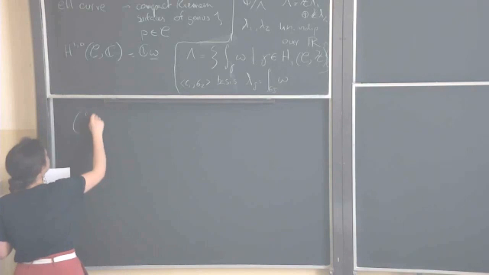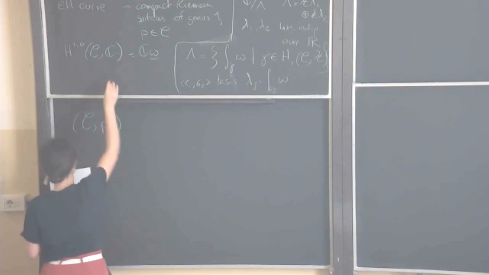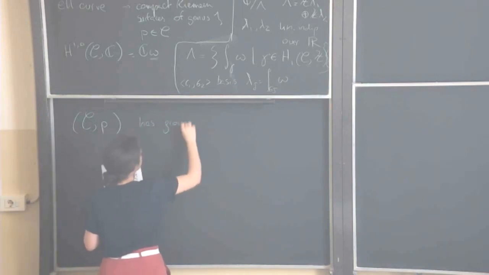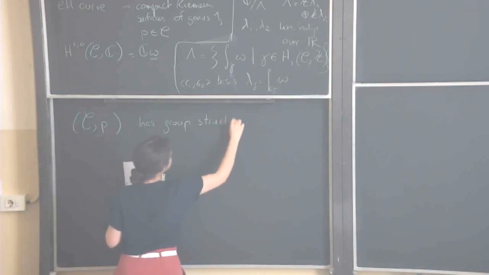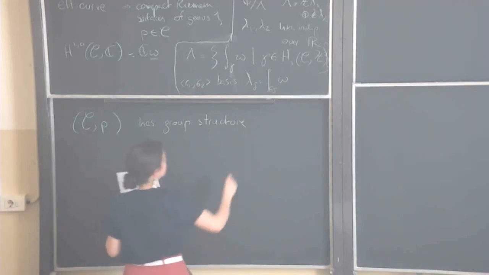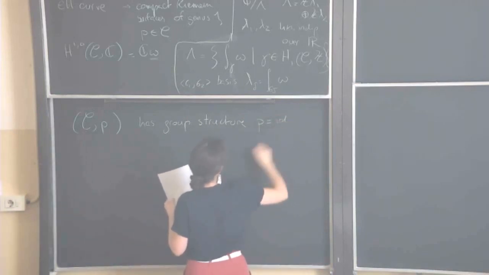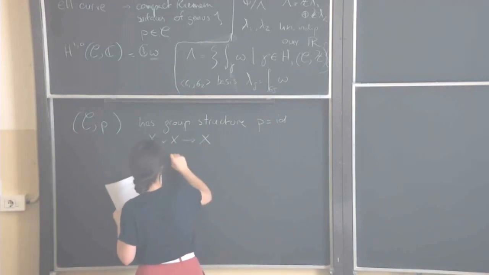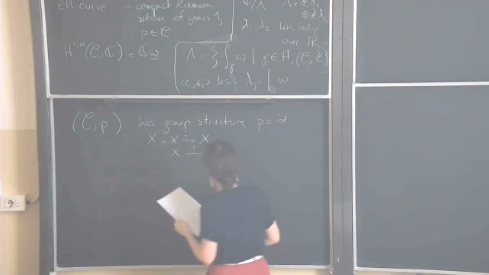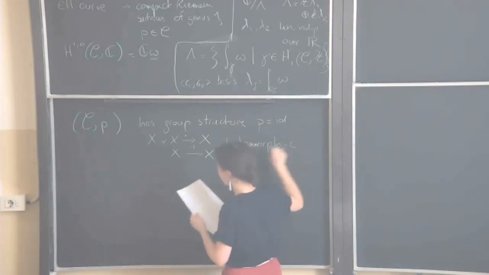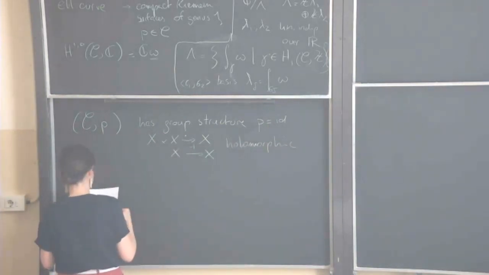Our elliptic curve C has actually a group structure, which is given by this correspondence here. P is the identity, and the multiplication and the inverse map are holomorphic.